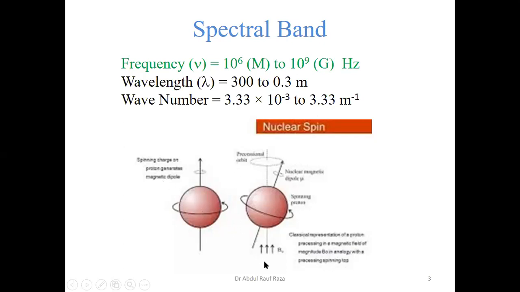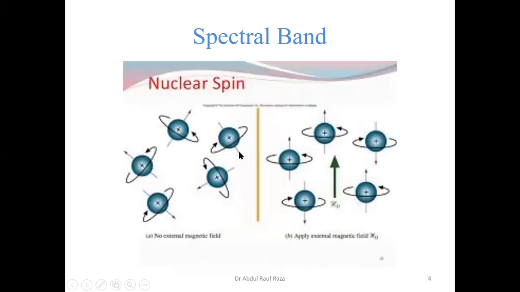But when we place this in a magnetic field, this B naught showing the strength of the applied external magnetic field, it shall keep spinning, but now it shall have this nuclear spin in a precessional orbit. This is called a precessional orbit.